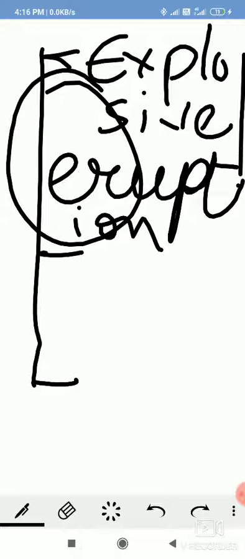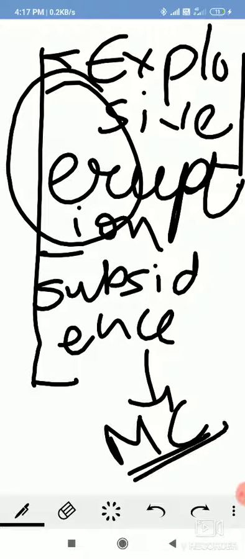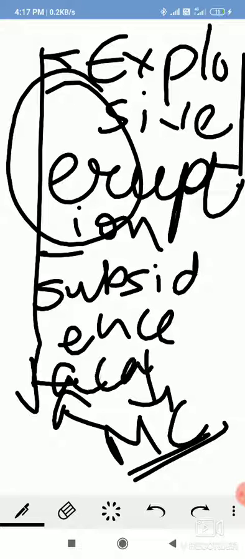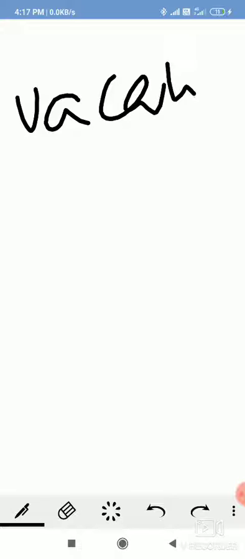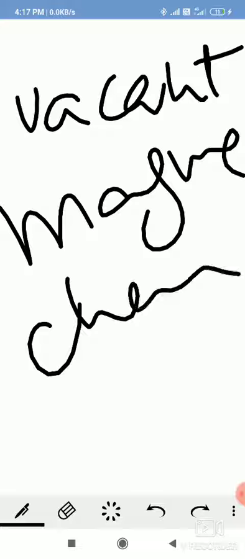The next way of its formation is subsidence of the whole volcanic structure into the vacant magma chamber, which forms a depression, right?